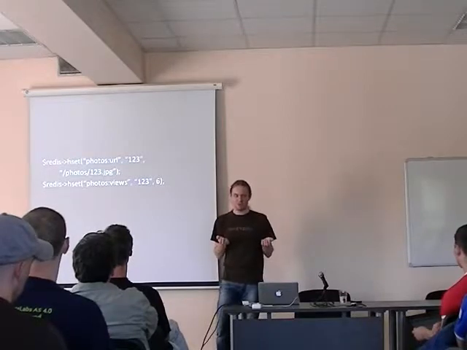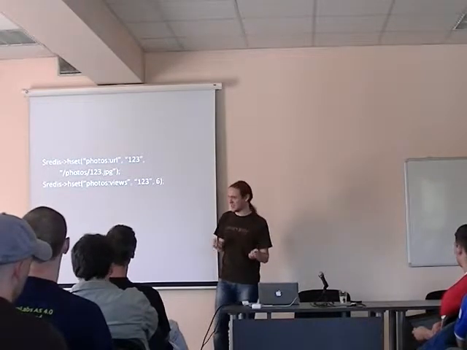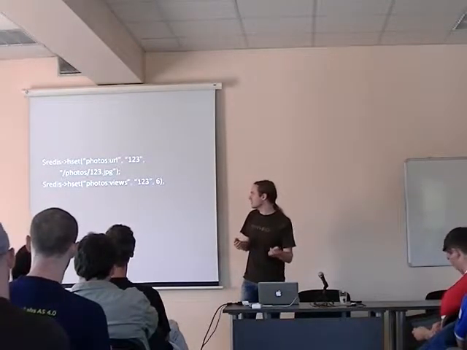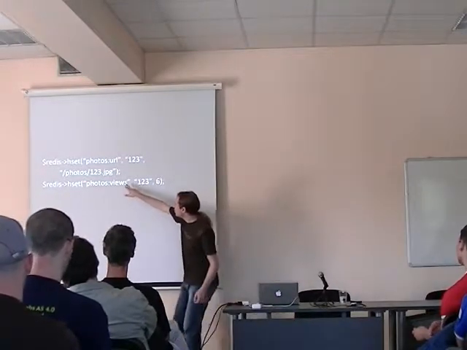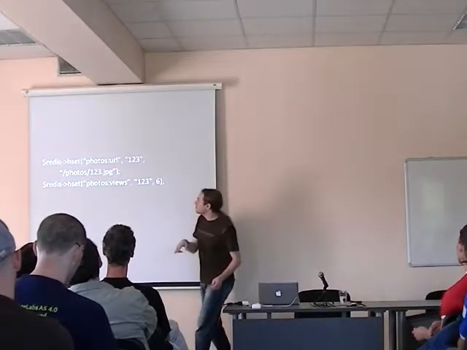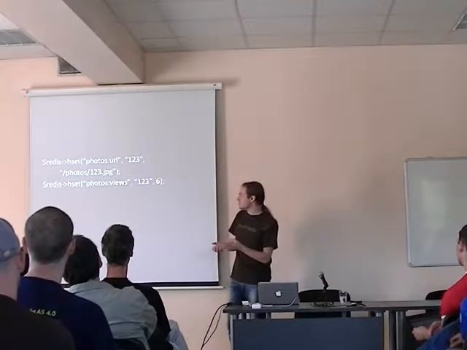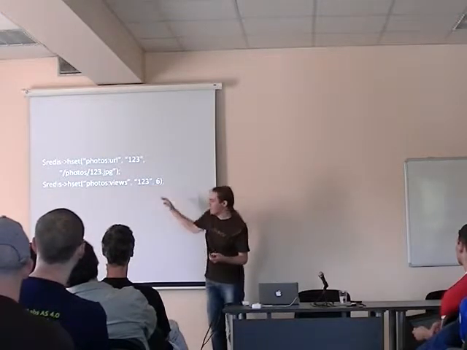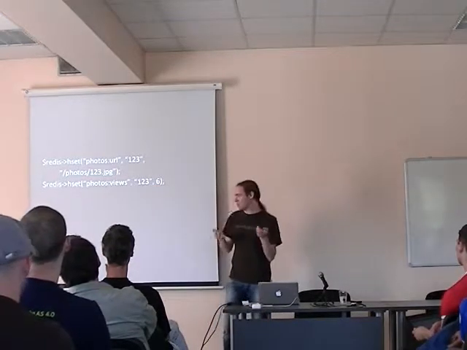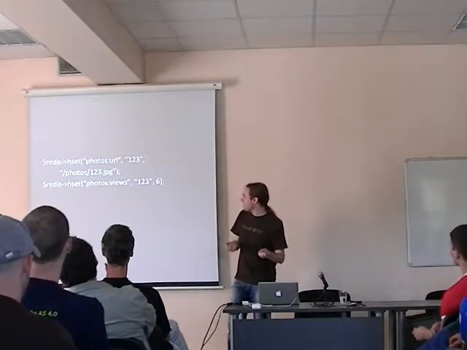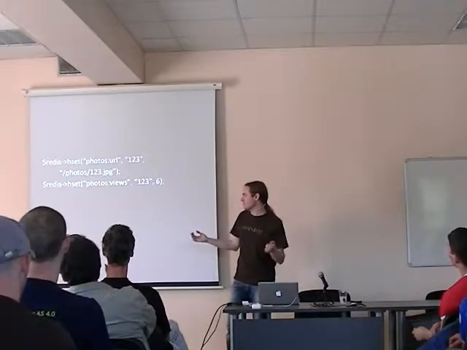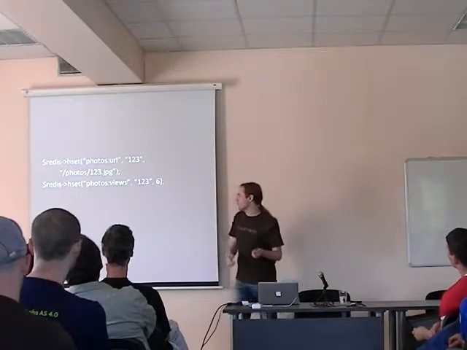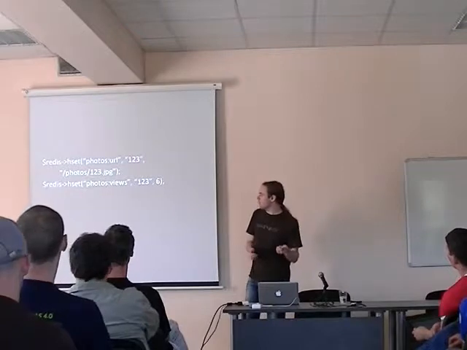There's no enforced schema, but you obviously need to design your data in a way that it's understandable and you can access it in the way you want. So here there's actually two caches at the top level, which are URLs and views. There's an ID of 123 of an actual photo in my hypothetical photo database, and then I've got a URL to it of 123.jpg and a number of views here, so it's been viewed 6 times.